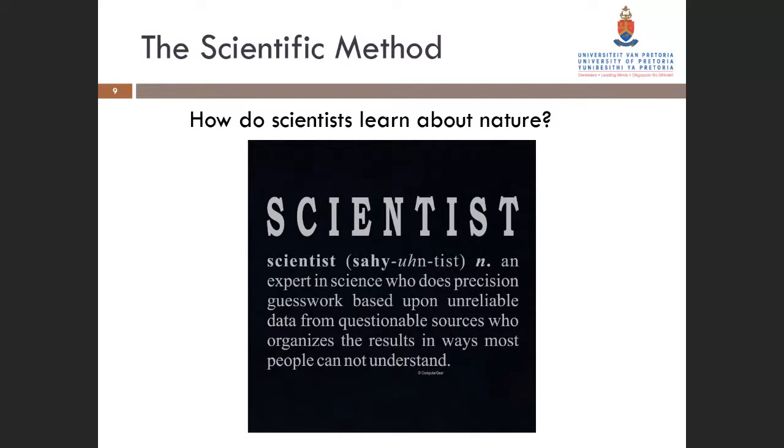So, let's talk about this a little bit. How do scientists actually learn about nature? Have you guys ever thought about that? Yes, so they observe it. There's the scientific method, observations. Yes, both of those are good points.